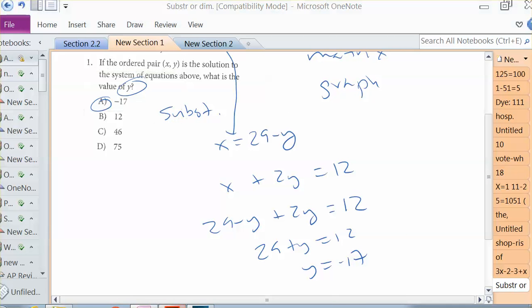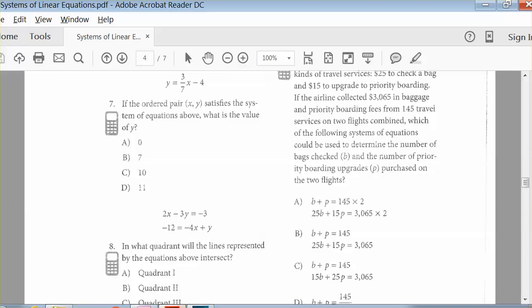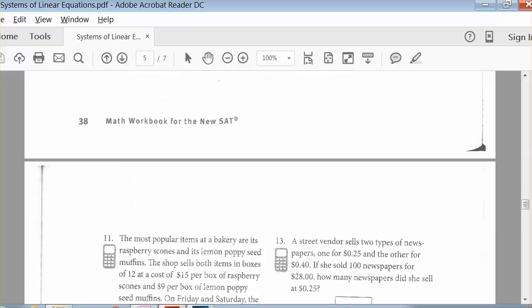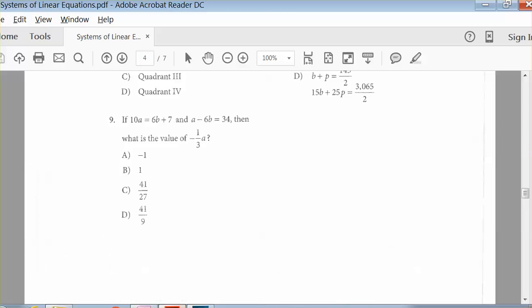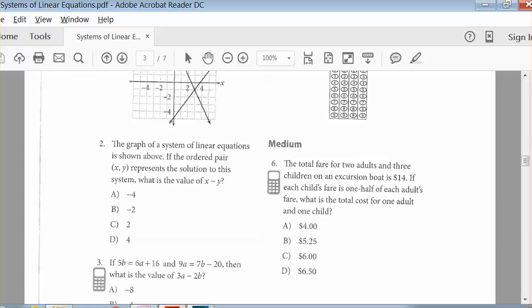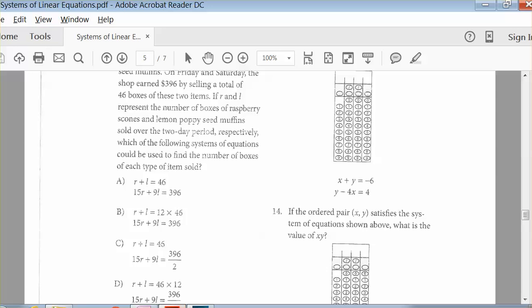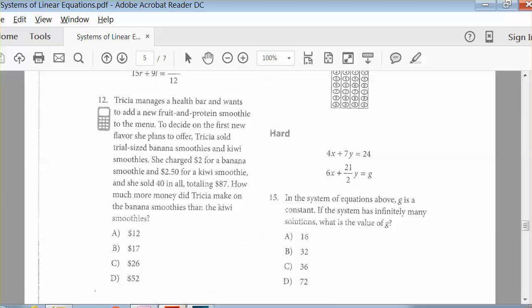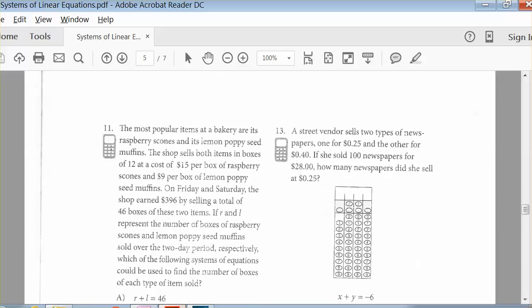Oops. So let's go to a medium level problem, and word problems are always good ones to look at. So let's try, what the heck, let's do number 11 here.